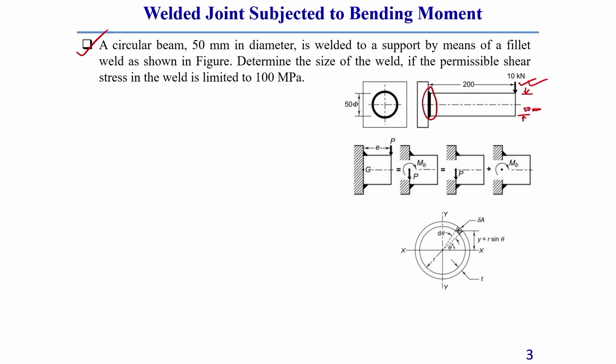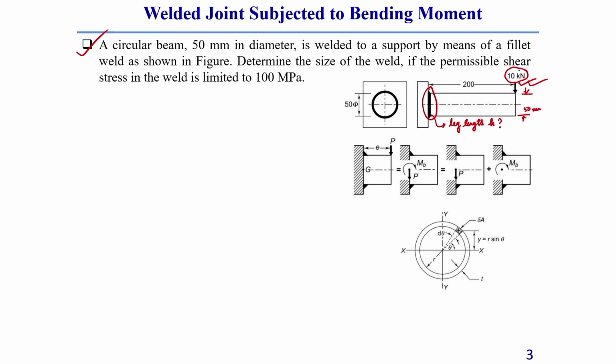So, determine the size of the weld. We need to design, that means we need to find what should be the size of the weld, that means the leg length, so that it is able to support this 10 kilonewton load.